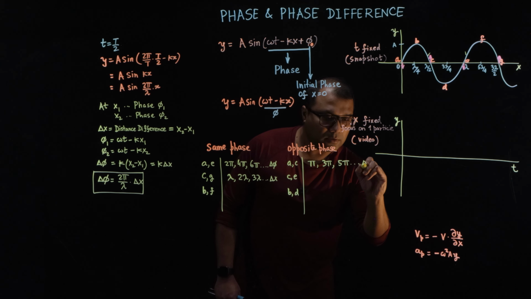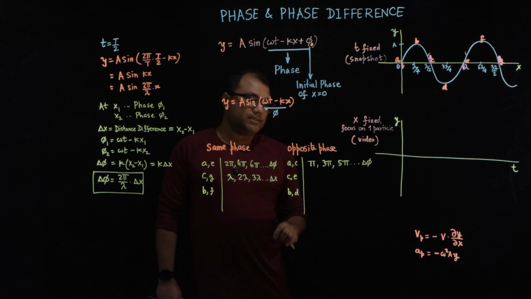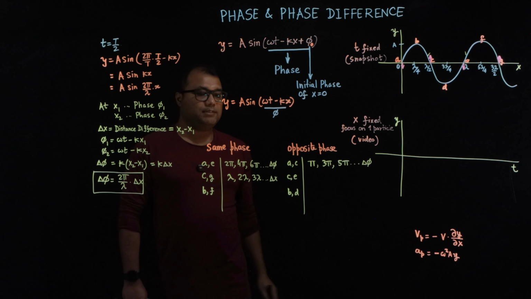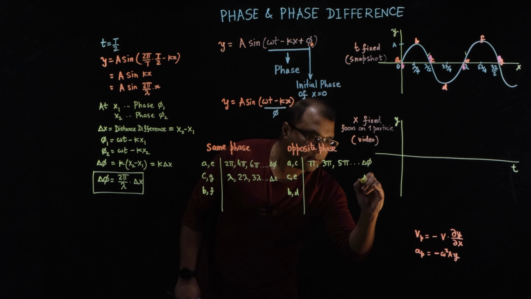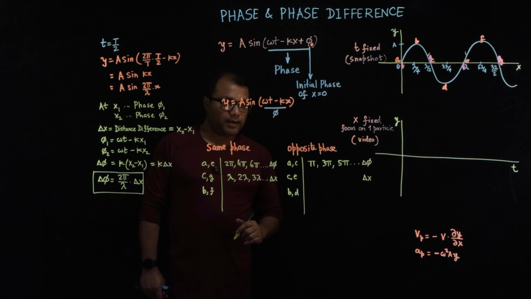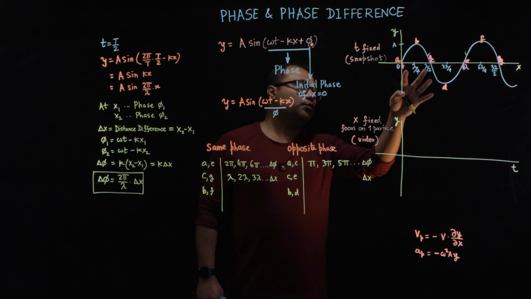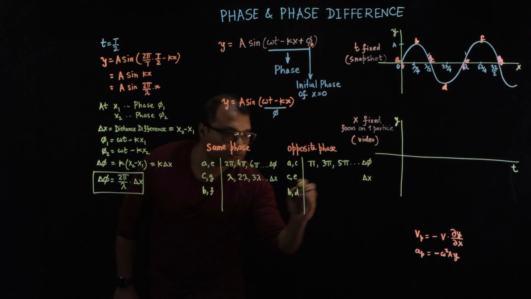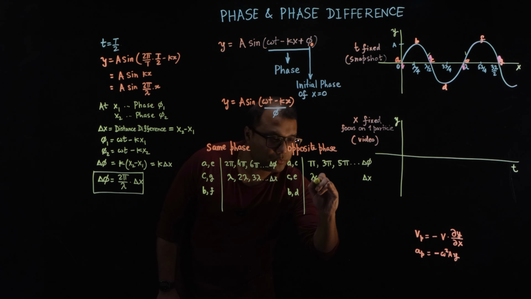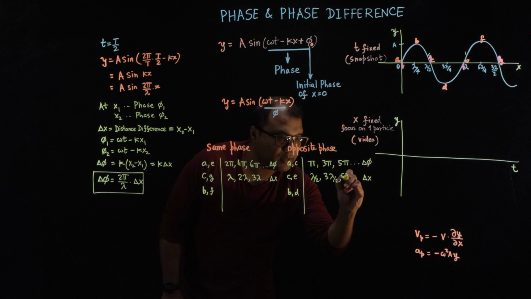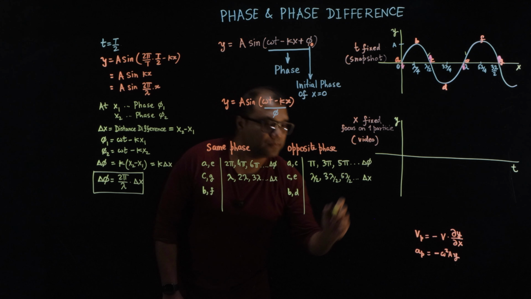So particles in opposite phases happen at phase difference pi, 3 pi, 5 pi and such. If I look at the distance difference, then they occur at intervals of lambda by 2, A and G is 3 lambda by 2. So lambda by 2, 3 lambda by 2, 5 lambda by 2 and such.